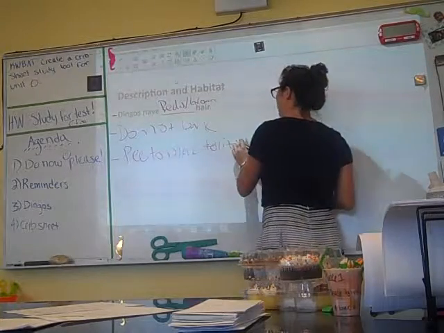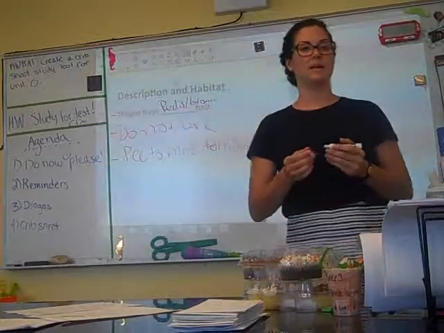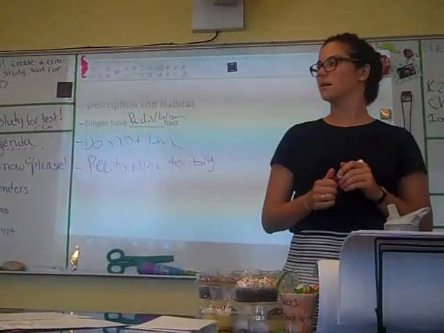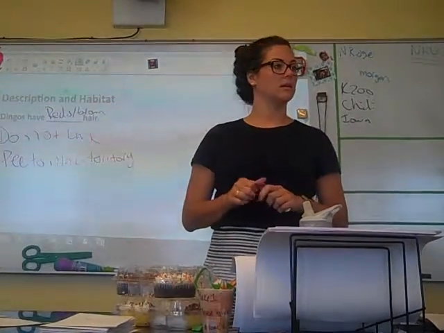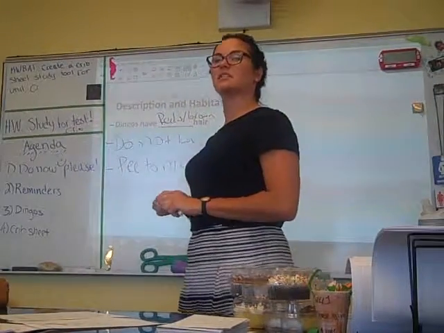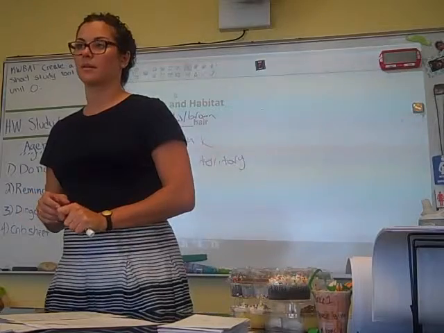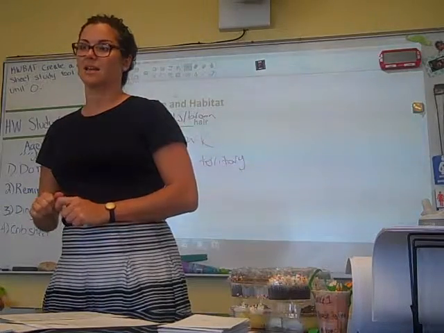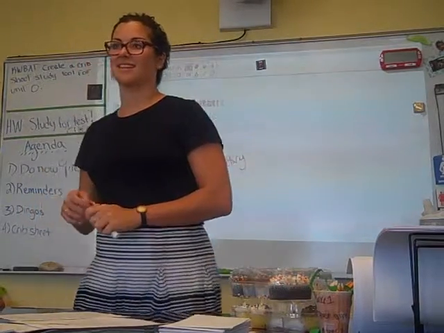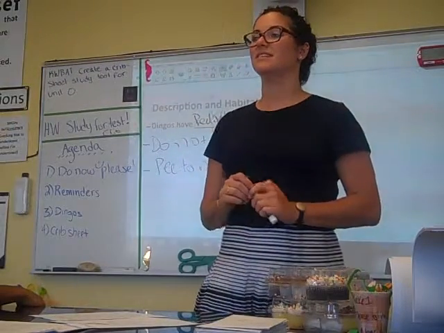Does anyone know why dingoes, dogs, cats pee on things to mark their territory? What do you think? Go ahead, Josh. Because the odor from their pee smells really bad, and that keeps other animals away from it. Okay, do you have another idea, Diamante?